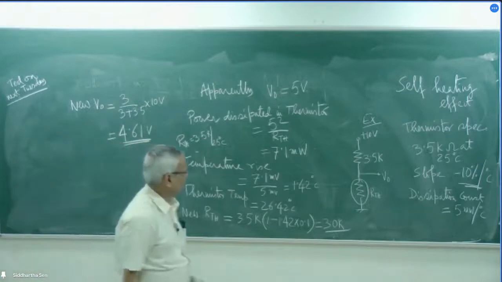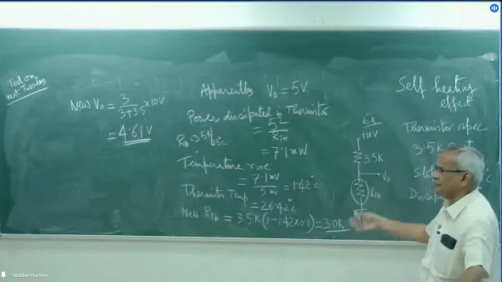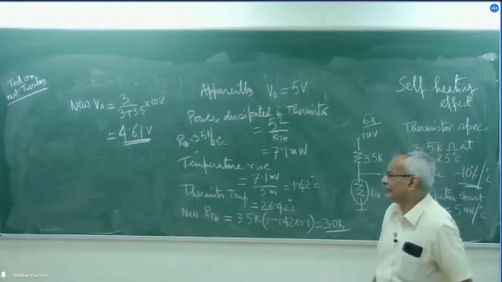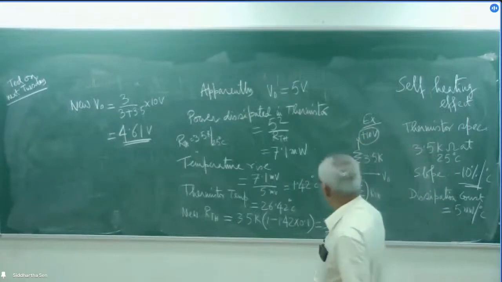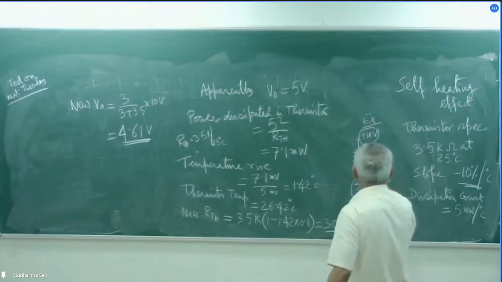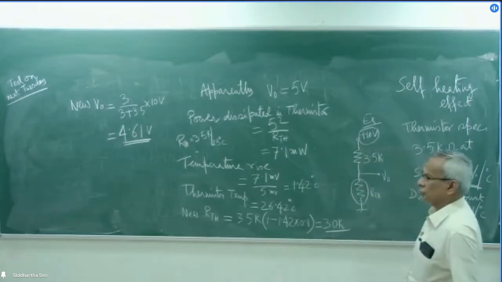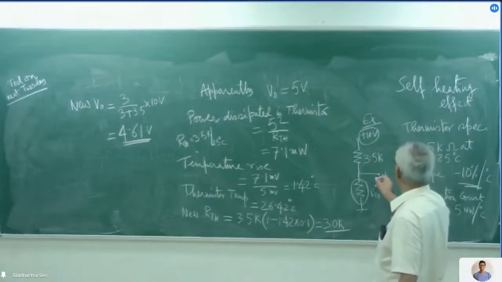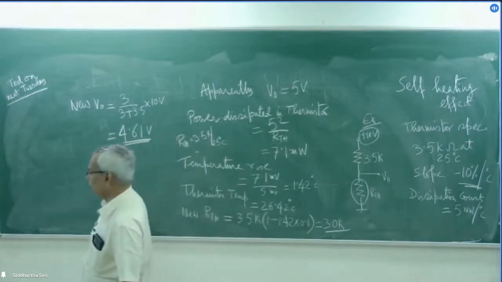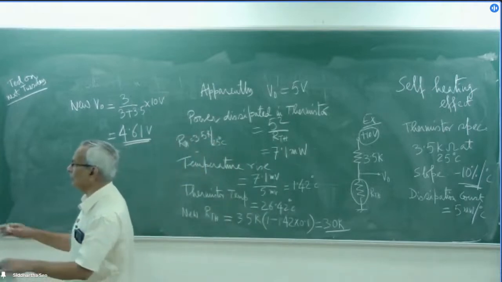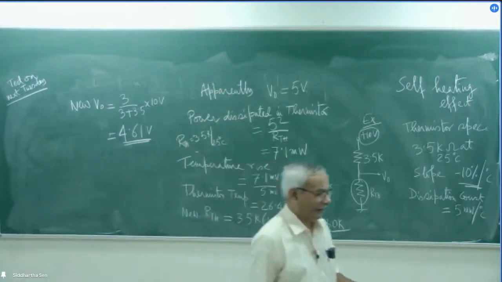So naturally, I have just connected it and kept everything at 25 degrees Celsius, but the voltage V0, which should have been half, 5 volt, is here 4.61 volt. It has dropped down, which will cause considerable error if we are making some circuit like this.